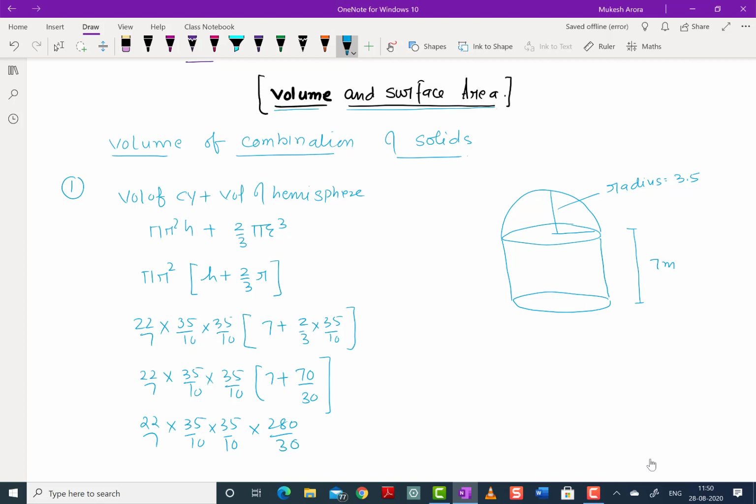So after solving this, this will be cancelled, this will be 4, right? This is cancelled, so the answer will be 35933 meter cube.